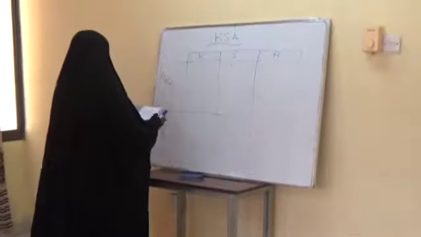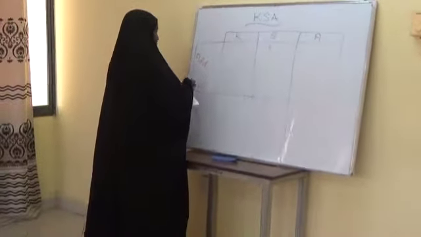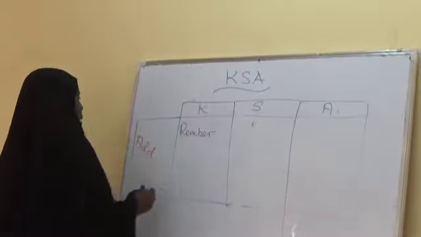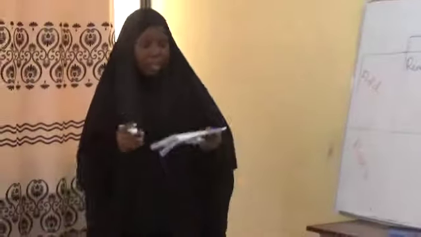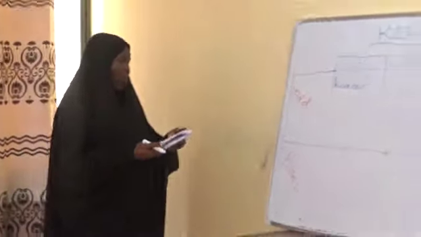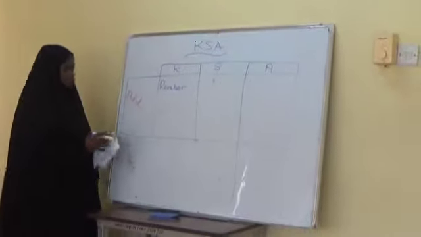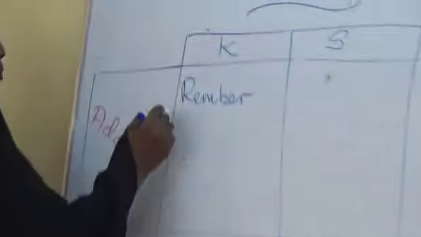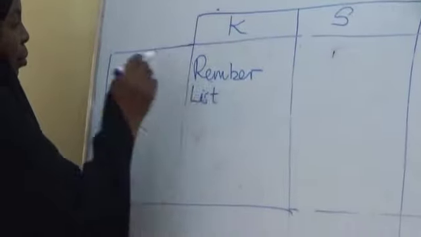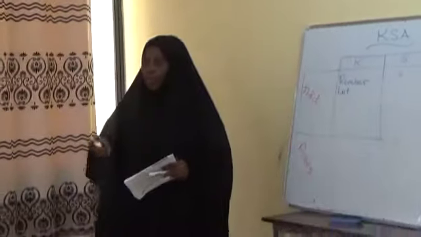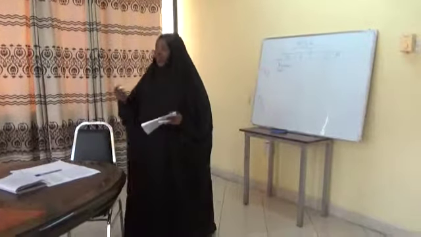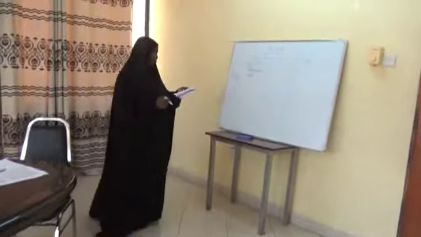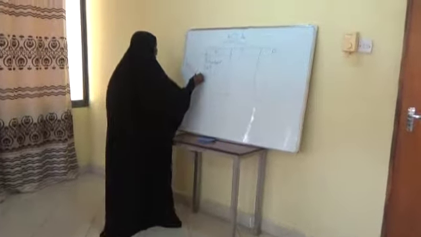In knowledge, we add remembering. Students should remember the knowledge they have. And also, we can just list. In the knowledge which you give the student, they have to list down whether there is a list of something, they have to list. But also, they can mention.